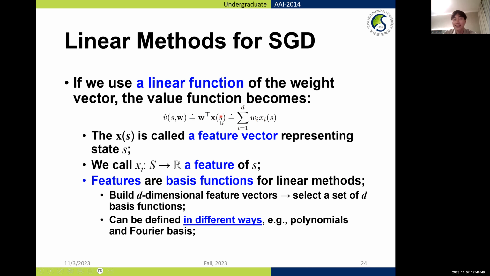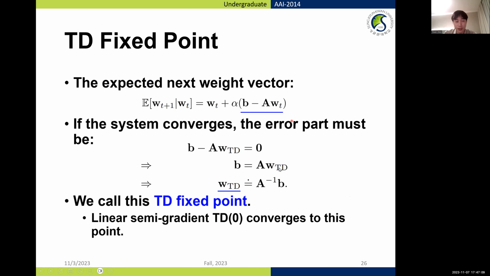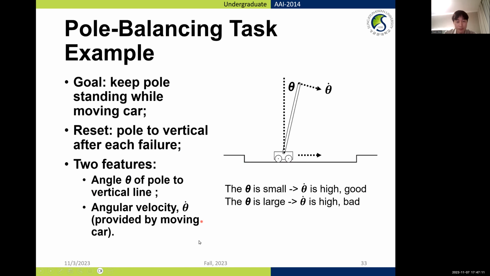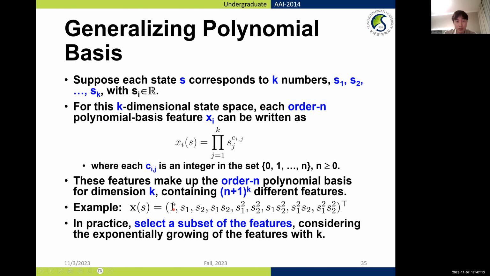Now we are extending this x(s) to a polynomial basis. So it can have multiple polynomial basis functions to represent it. Previously it was w_i times x_i; now w_i is multiplied by one of the features here.